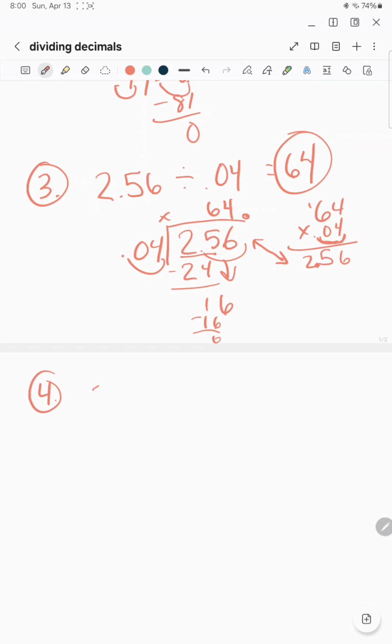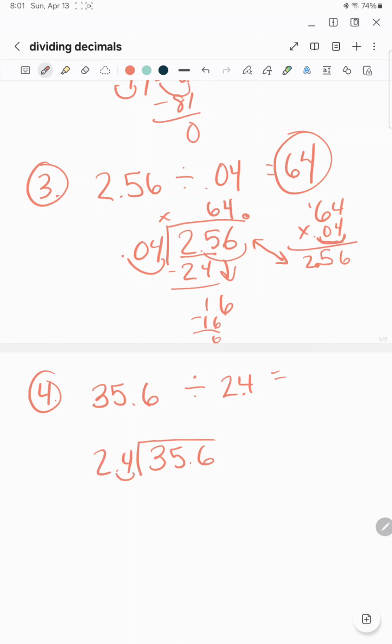Let's do 35.6 divided by 2.4. And let's see what that equals. So we got 35.6 divided by 2.4.